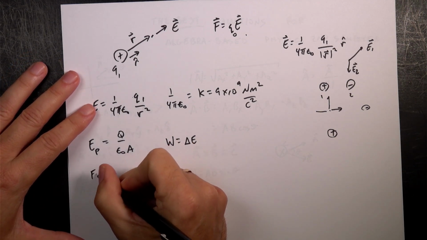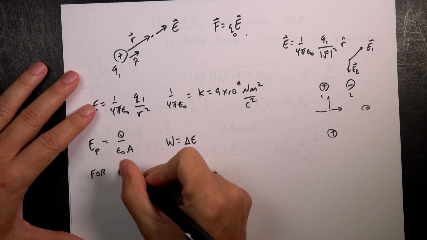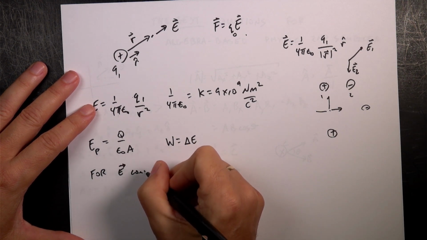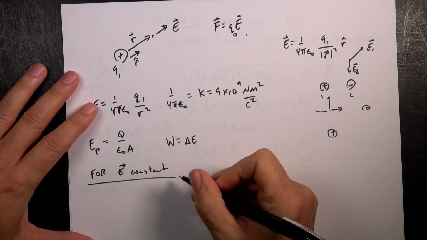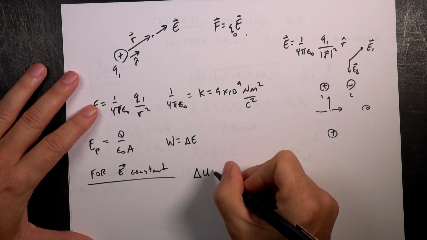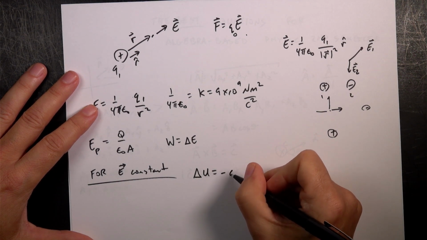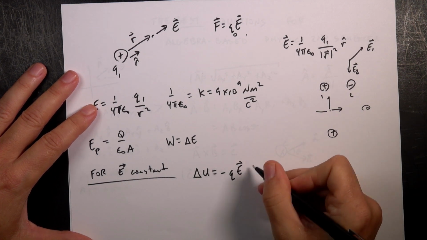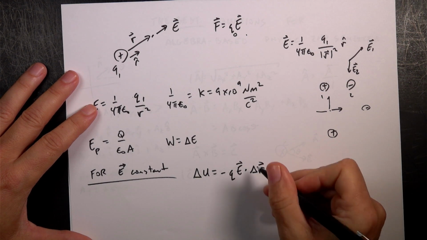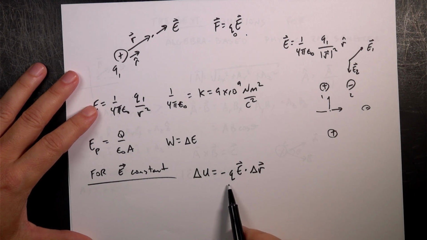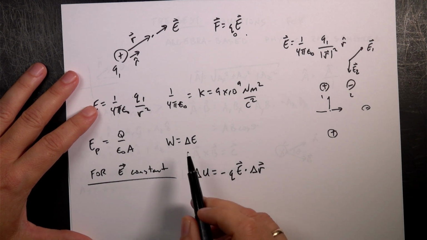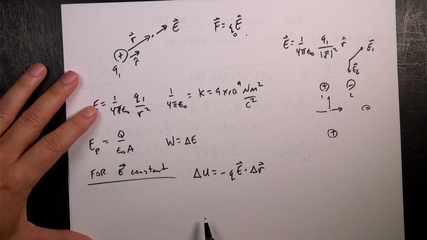For E, a vector, constant, and that's important, if the electric field is constant, then I can write delta U is negative QE, that's the force, dot delta r. So that is the displacement vector from where you start to where you're going. That's the electric field, and that's the charge you're moving. This is literally the opposite of the work done, which is where you get that from.